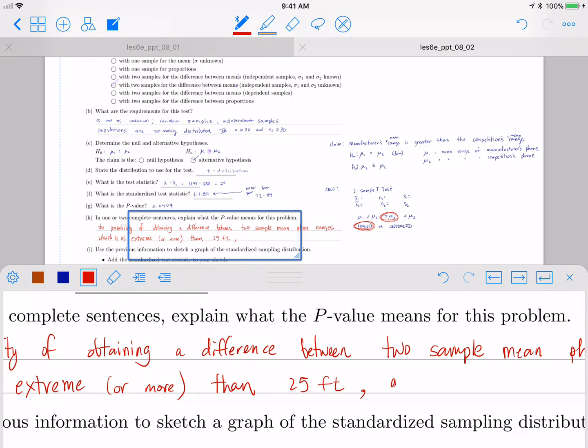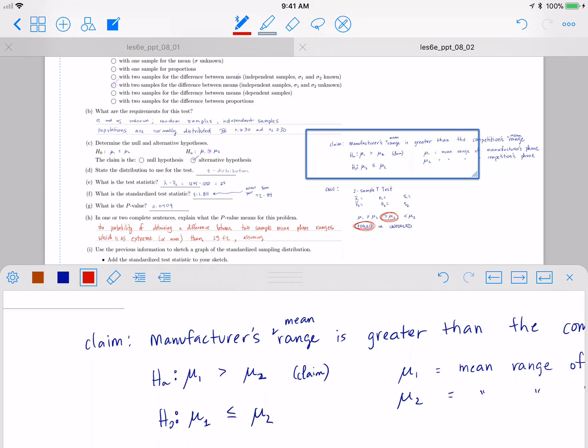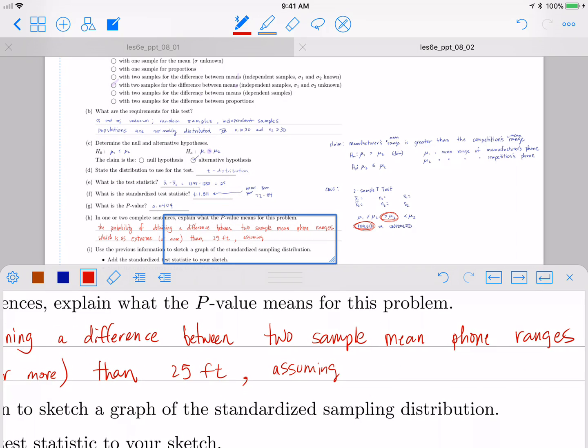And this is all assuming, because what are we assuming? We're assuming that the manufacturer's range is less than or equal to the competitor's range.